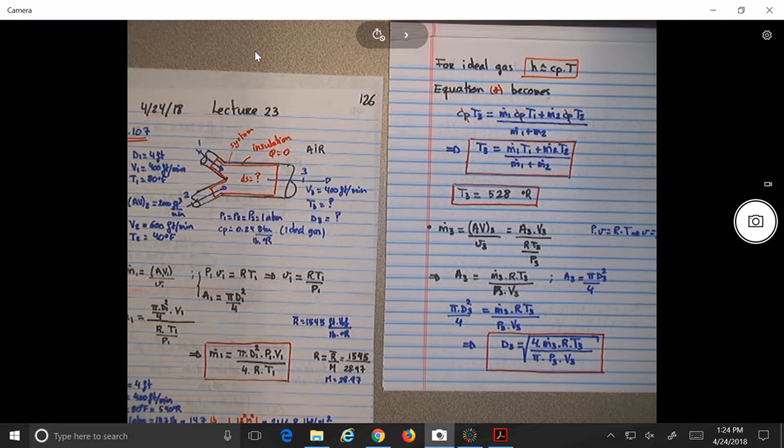Okay, so you see I'm not that interested about values, no? If I see equations, it's fine with me.